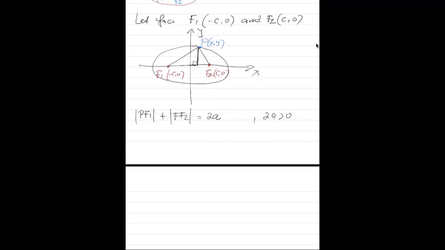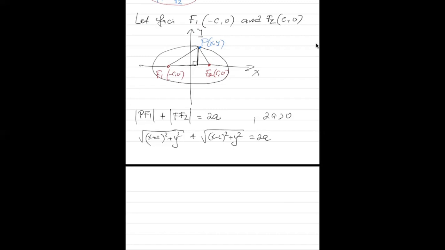So we can have the square root of (x plus c) squared plus y squared for PF1, and we're going to add PF2 in the same way. This is the square root of (x minus c) squared plus y squared. It's really easy to see this from the right triangles, both of those are hypotenuses, and that's equal to 2a.